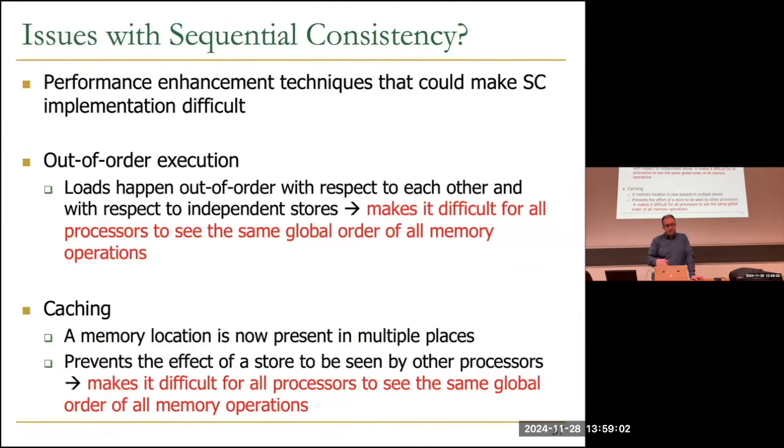From the perspective of consistency, like memory ordering, even though you might write to different addresses, since you have caches, if you don't communicate that to the whole system, the other processors do not know the order of all these memory operations. So that's why providing sequential consistency once you have caching is not easy.